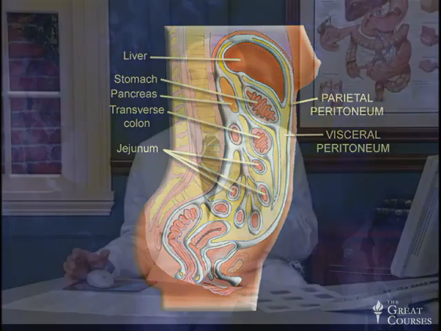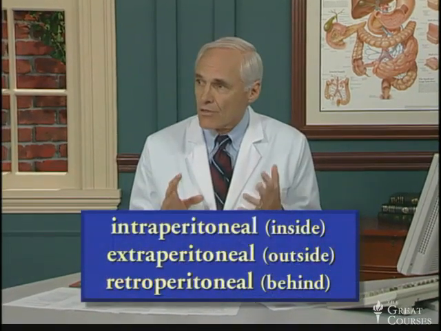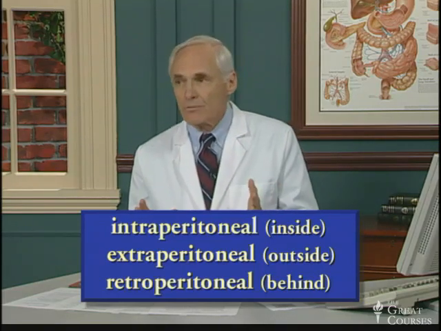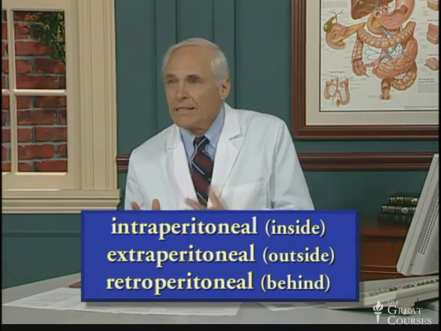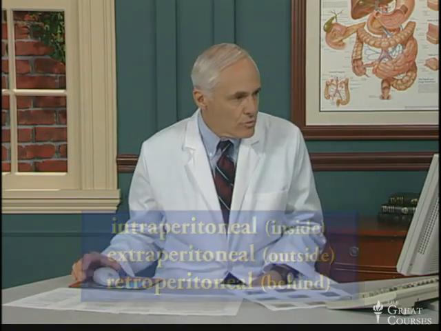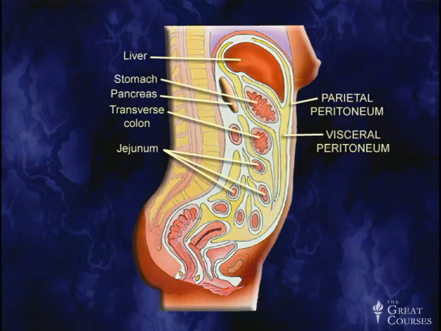And it's only on the outside. Now we have a designation called intraperitoneal and extraperitoneal organs, those that are inside and those we consider outside. Sometimes we call them retroperitoneal because they're really in the back, behind the peritoneum. And those organs that are significant include the pancreas, which is behind the peritoneum covering the back wall, and also the kidneys, which are not shown here.